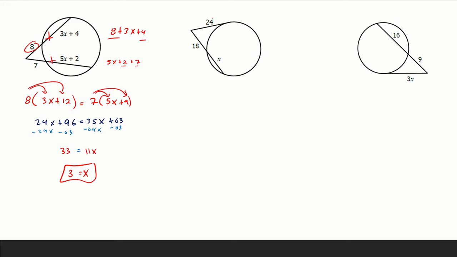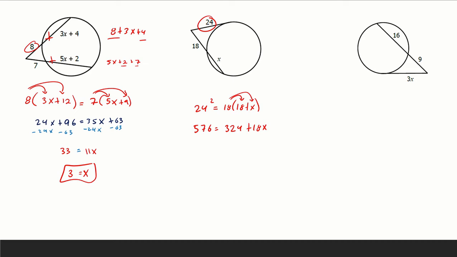For the second one, we get the outside part, which is 24 squared, is equal to 18 times 18 plus x. On the left side, we get 24 squared, which is 576. On the right side, when we distribute that 18, we get 18 times 18, which is 324, plus 18x.